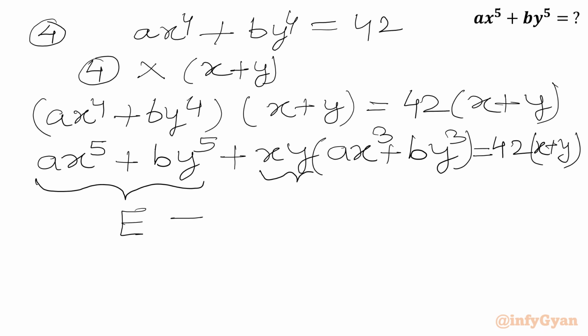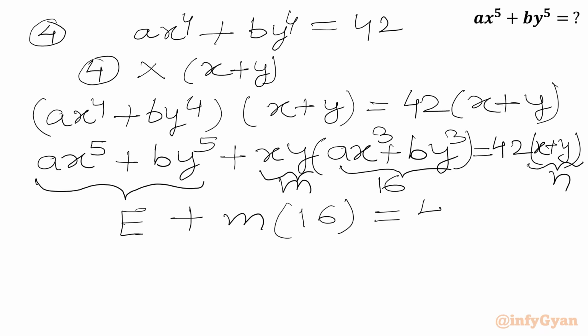Plus m times (ax³ + by³), equation number 3, value was 16. xy was m, x plus y is n. So I will write E plus m times 16 equal to 42 times n.